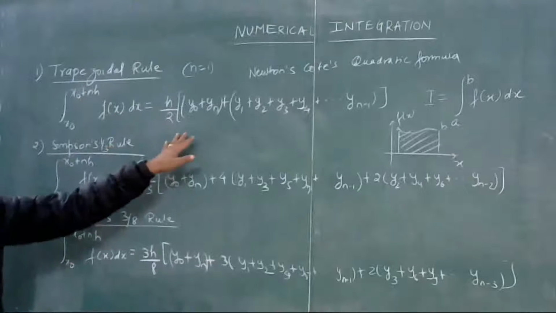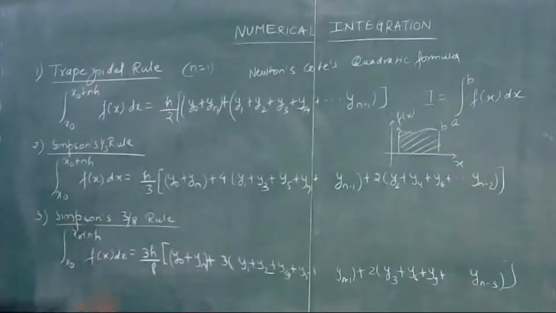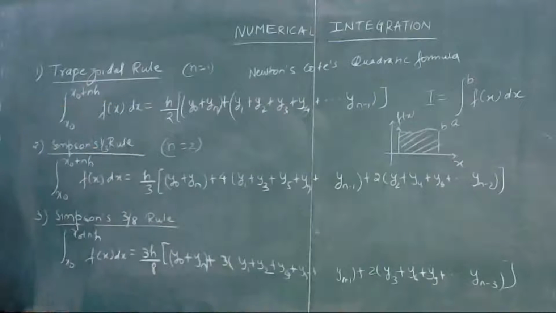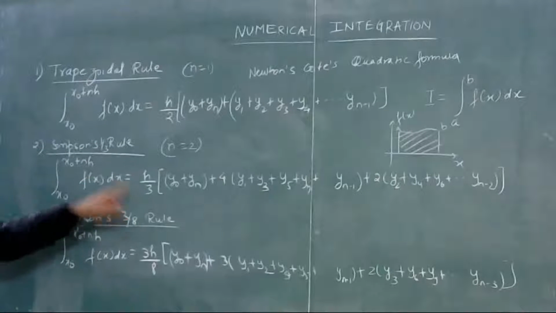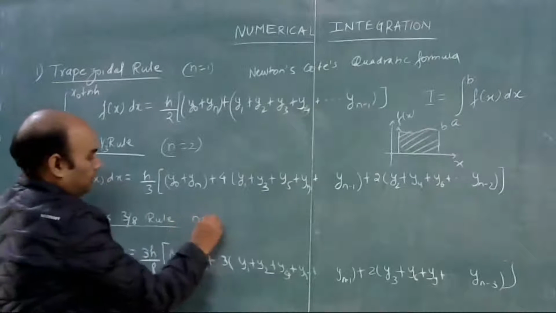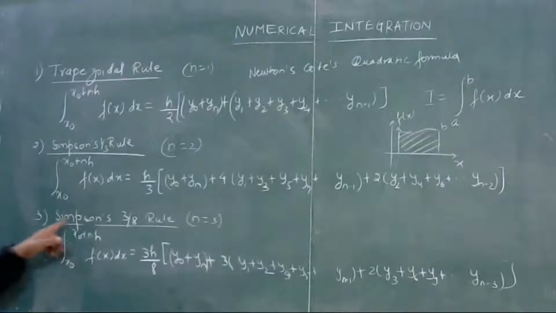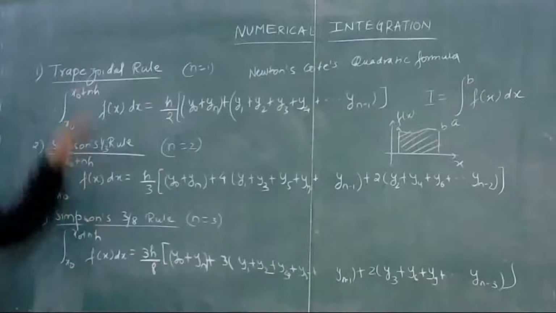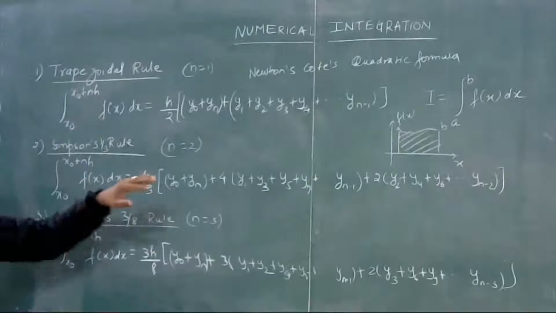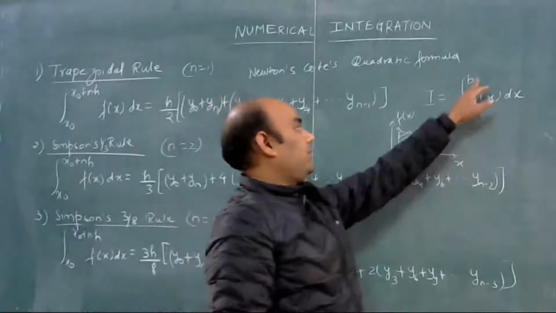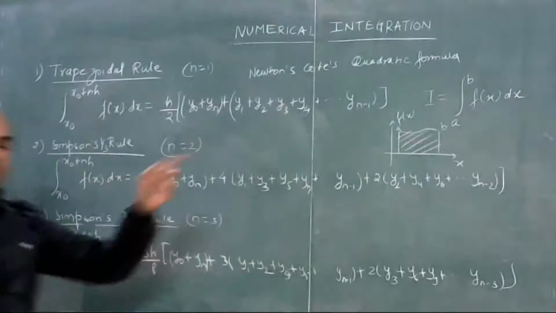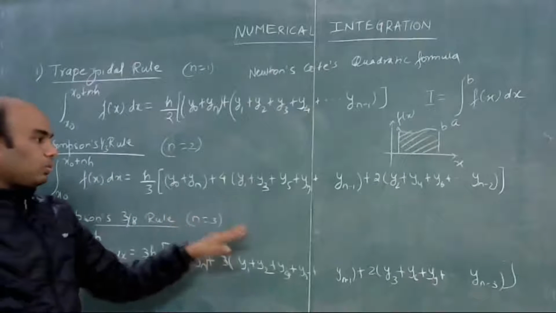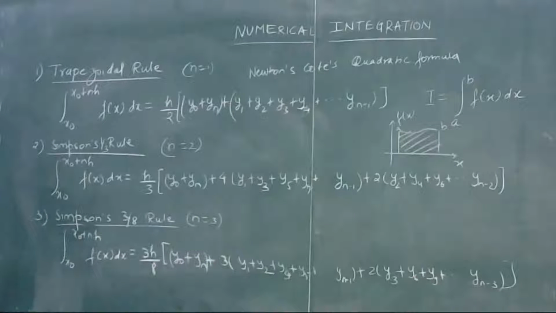This is the formula of the trapezoidal rule, and then putting n is equal to 2 in this Newton-Cotes quadrature formula, we got Simpson's 1/3 rule, and then putting n is equal to 3, we got Simpson's 3/8 rule. So these are three different rules to find the integration from a to b of f of x dx. There are two more rules, Boole's rule and Weddle's rule. I will tell it later.